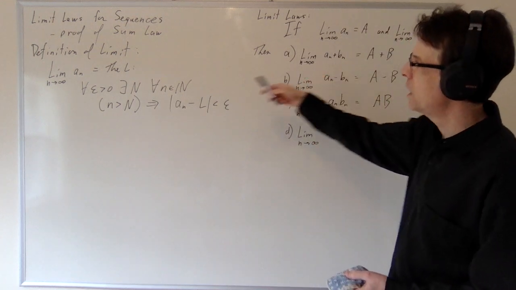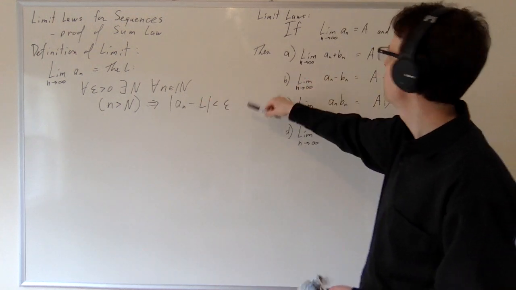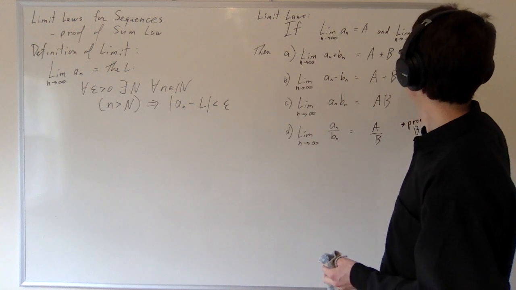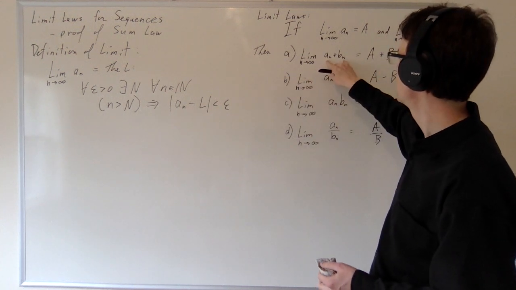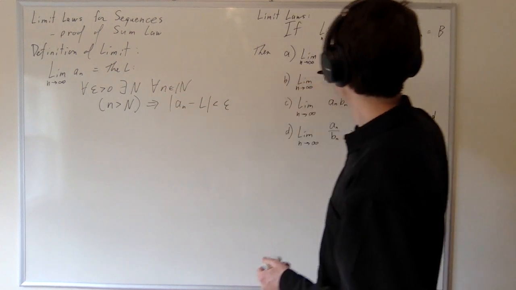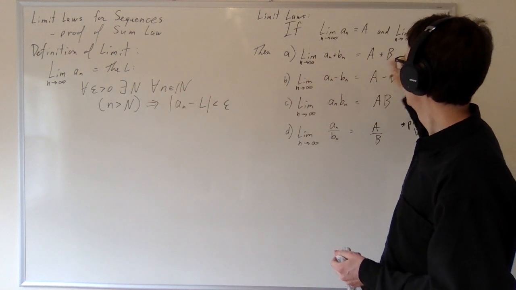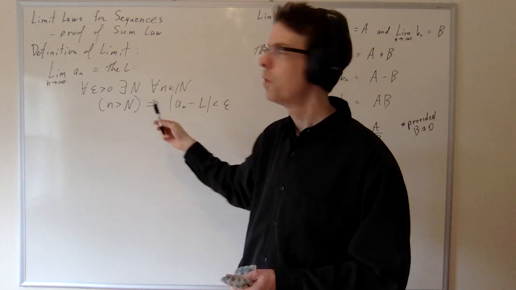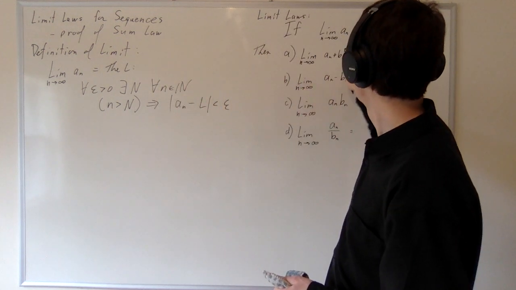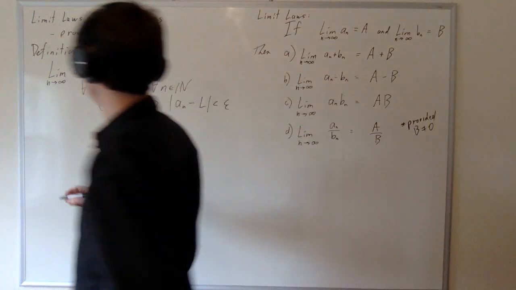So let's take the definition of a limit. Let's remember that it is assumed for a_n, it is assumed for b_n, and we want to prove that this limiting statement is true for a_n plus b_n, and that it takes the limit a plus b. So let's begin a proof that the sequence a_n plus b_n converges to a plus b.